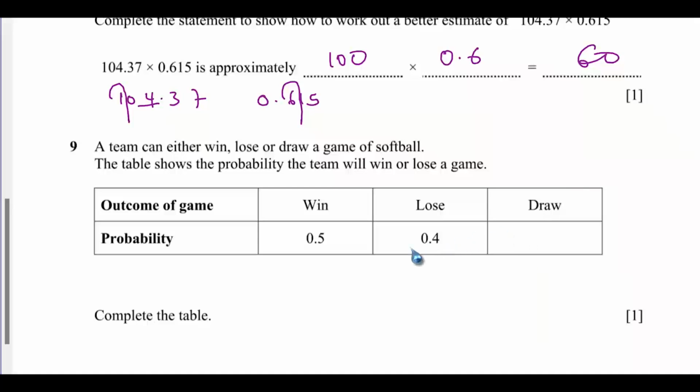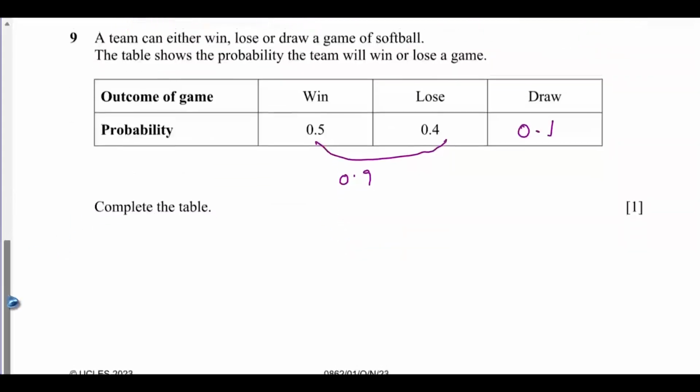We know that the probabilities should add up to 1. So what we need to do is to add these two together. That will be 0.9. Then you subtract it from 1. So the answer will be 0.1. So that is how to get the answer there.